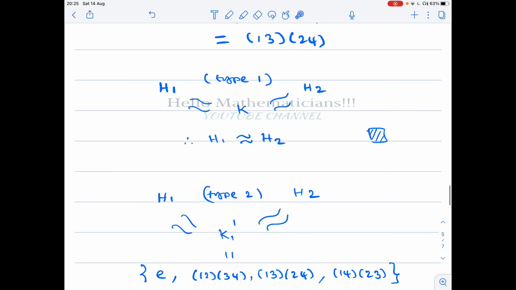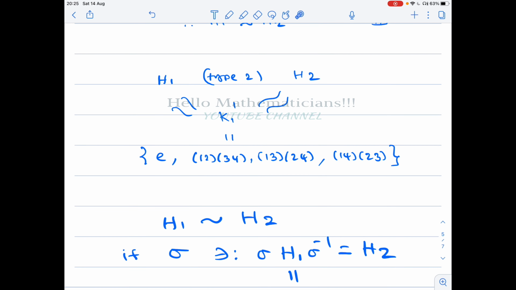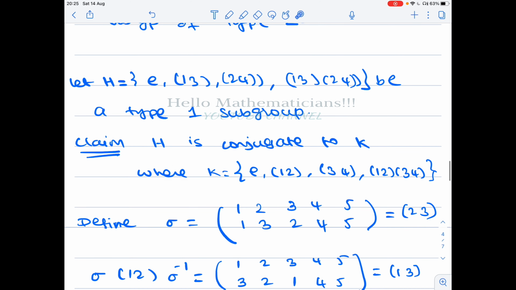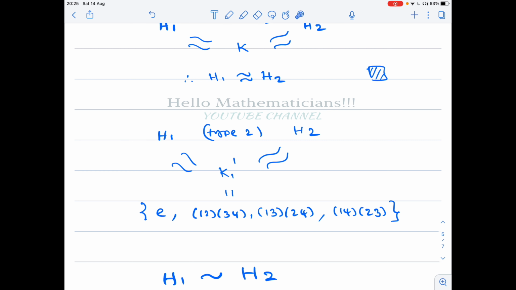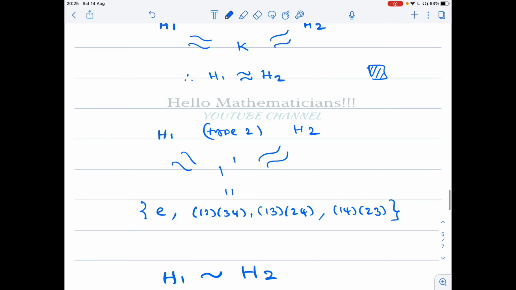Okay. So now you take two type 1 subgroups H1 and H2, then this H1 will be conjugate to K, this H2 will also be conjugate to K. Now conjugacy is an equivalence relation, so this H1 and H2 will be conjugate. Therefore, any two type 1 subgroups are conjugate. So using a similar argument, instead of this K, you consider K prime.